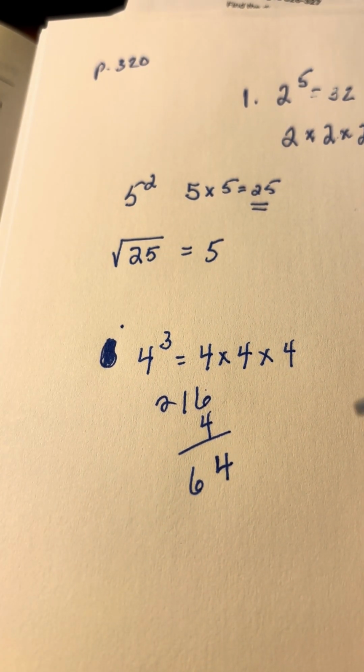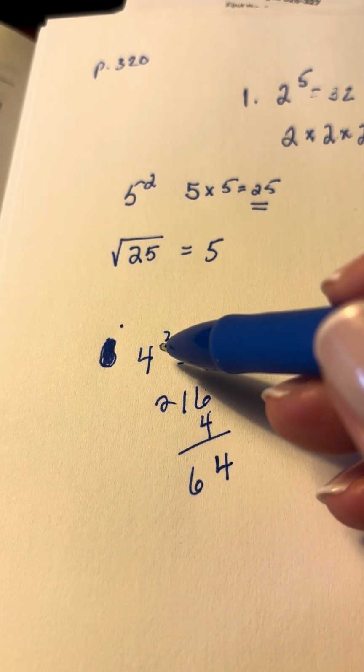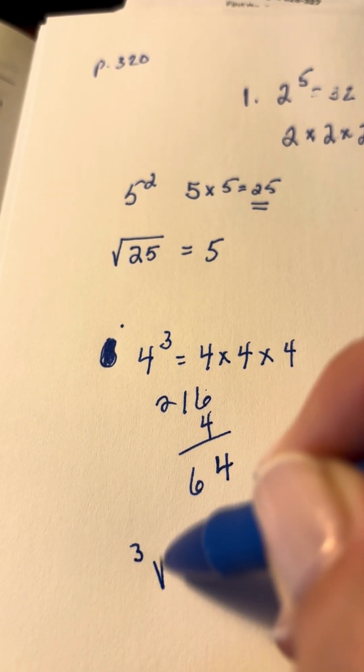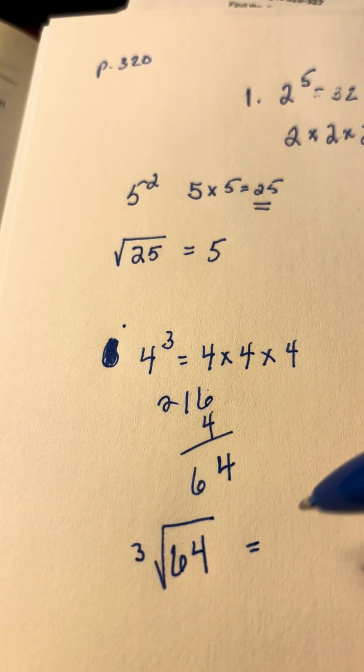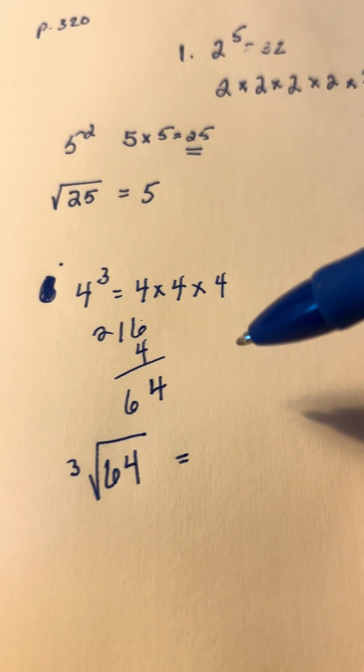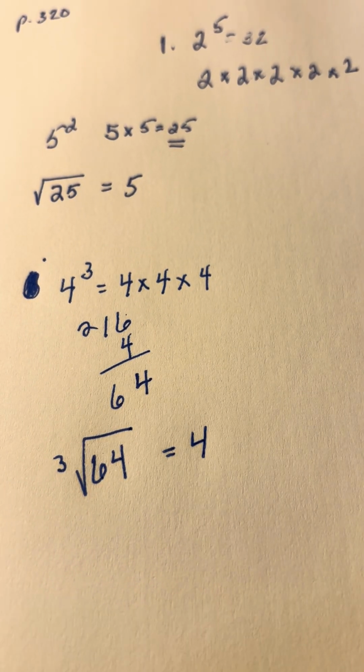So the reverse of cubing is cubed root. And that's what number multiplied by itself 3 times would give me 64. And we just did the problem. It's 4.